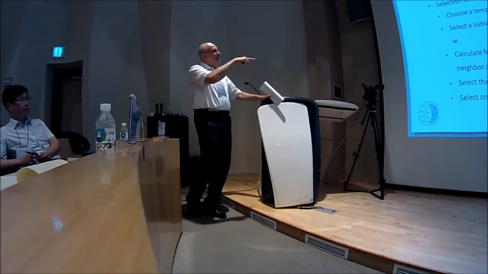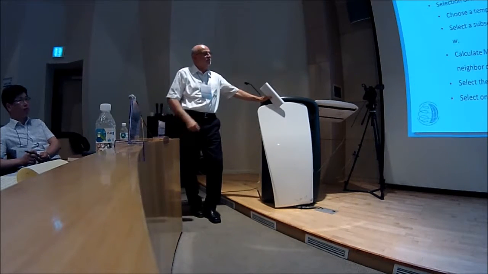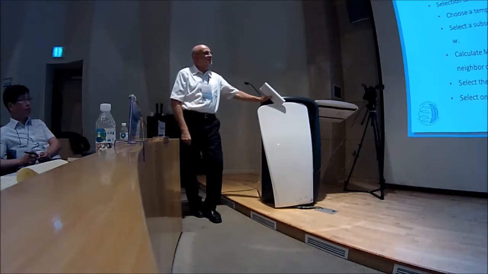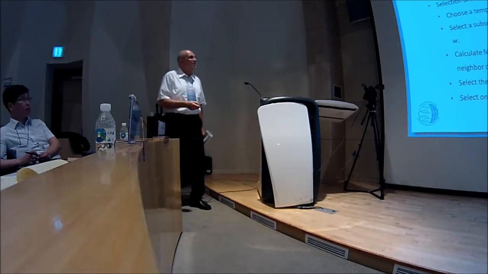The final step in this process is selection of one of the K nearest neighbors to become the reference day for the next step, and this is how we proceed with the algorithm.